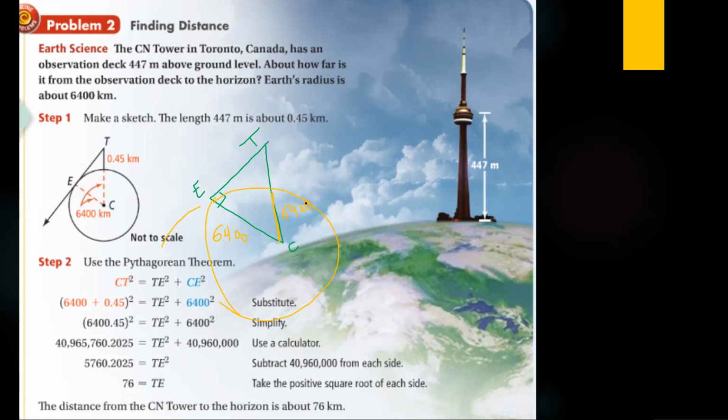From the earth up to the tower it is 447 meters. I want to add them, but they are not in the same unit, so you have to convert meters to kilometers by dividing by 1,000. So it will be 0.447, or write it as 0.45. So now this is 0.45 kilometer.